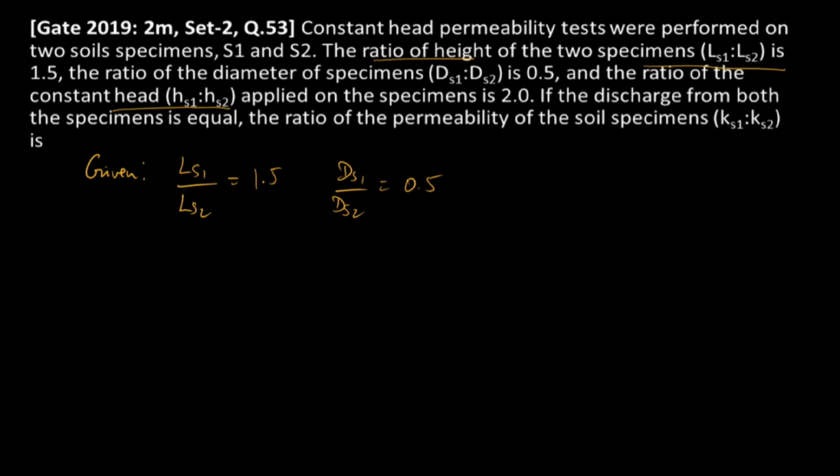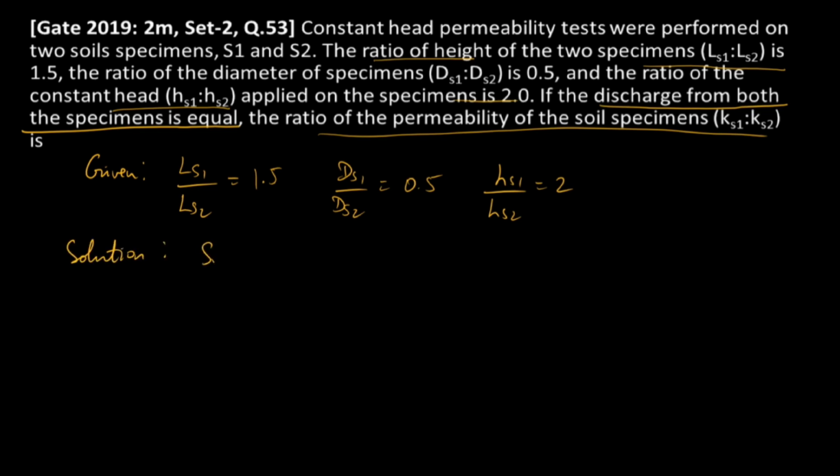Also, the ratio of constant head applied on two specimens HS1 by HS2 equal to 2. Also, they have mentioned that the discharge from both the specimens is equal, which is the key point here. They asked us to find out the ratio of permeability of the soil specimens.